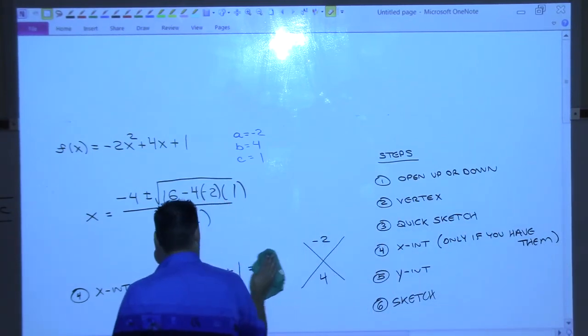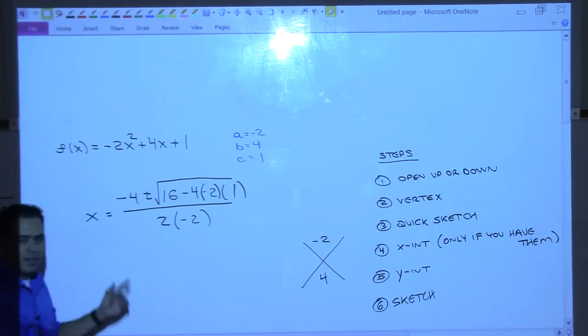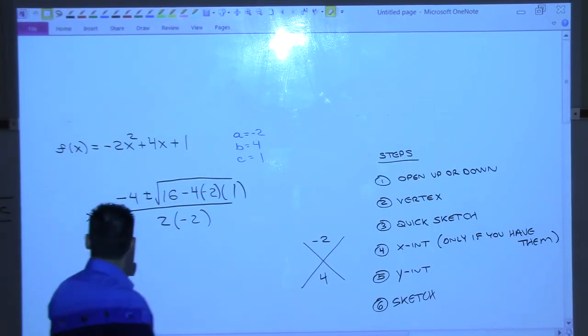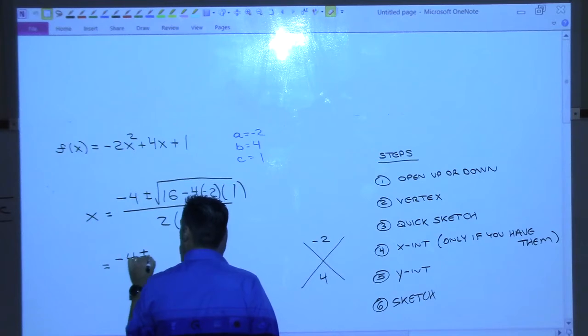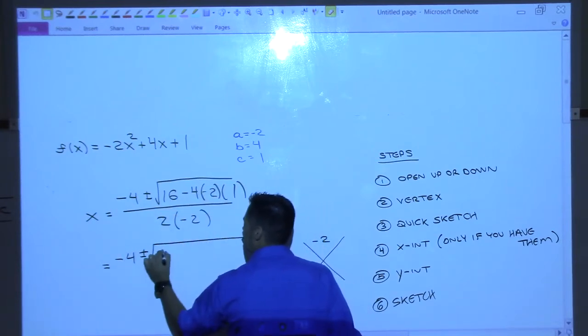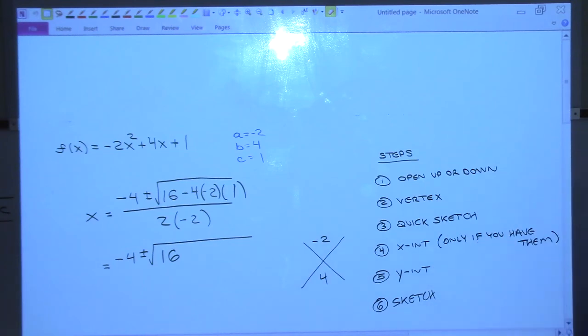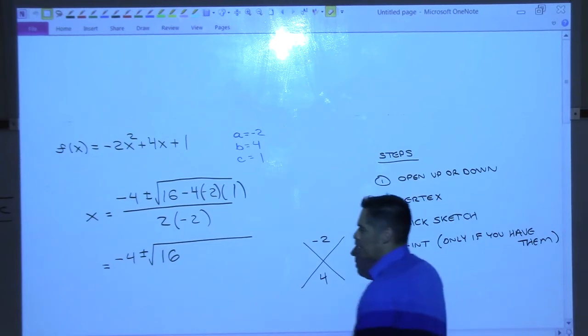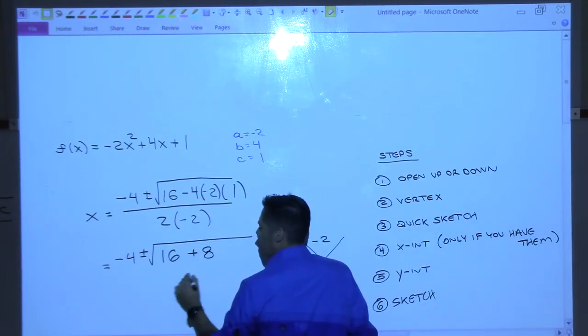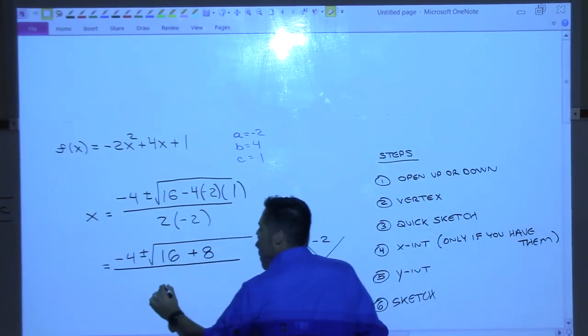And for the most part, I think on the test, y'all did a pretty good job on this stuff. So we've got negative 4 plus or minus square root, let's see, 16 plus 8. You said 8, right? Is it plus or minus 8? Plus. It's plus 8. And then all over negative 4.